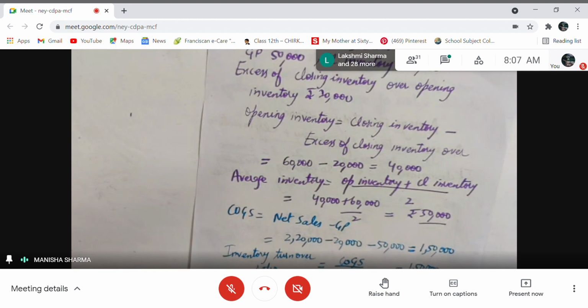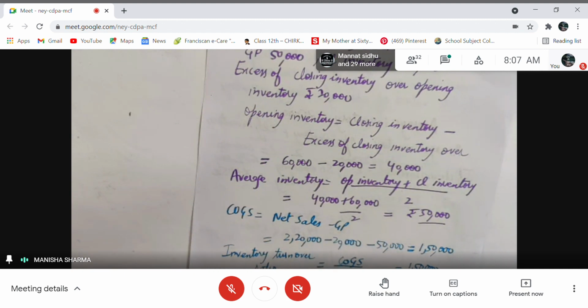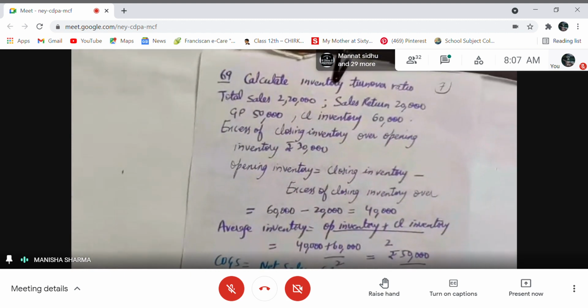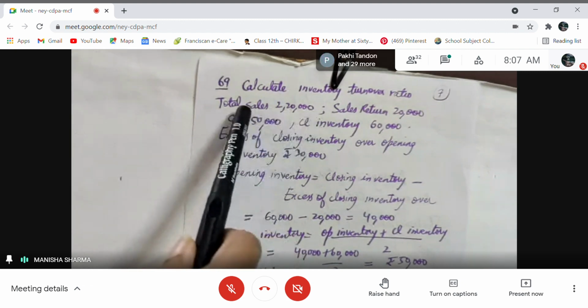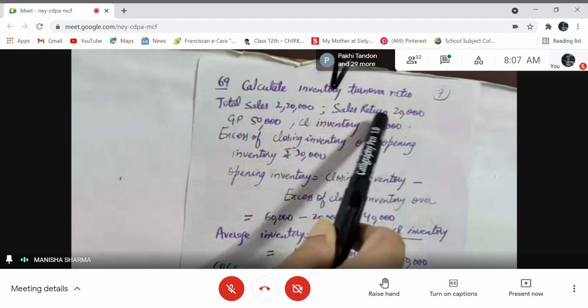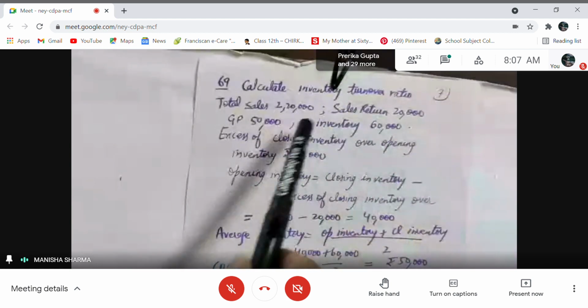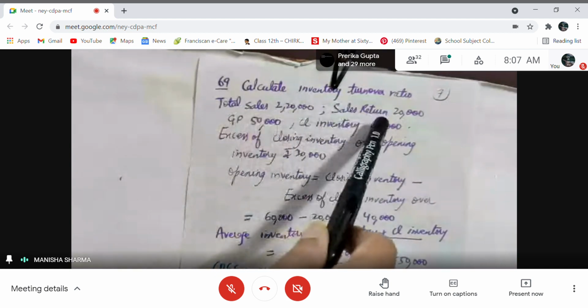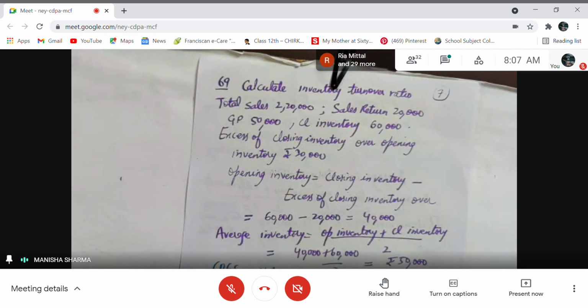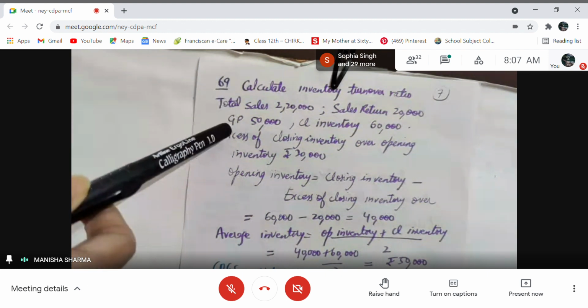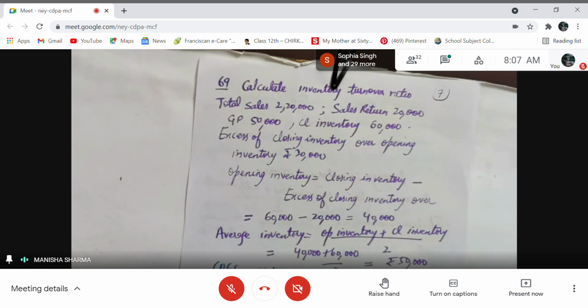Now we know that COGS is equal to net sales minus GP, right? Why are we applying this formula? We need COGS and average inventory for the inventory turnover ratio. Sales are given as 2,20,000 minus sales return. We know that net sales is total sales minus sales return, so 2,20,000 minus 20,000 will be 2 lakhs. GP is given as 50,000. By subtracting GP from net sales, we get the cost of goods sold.